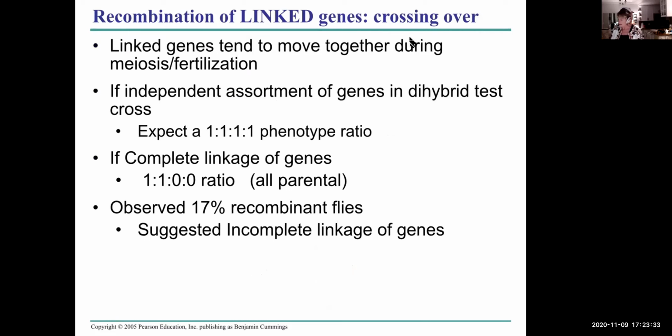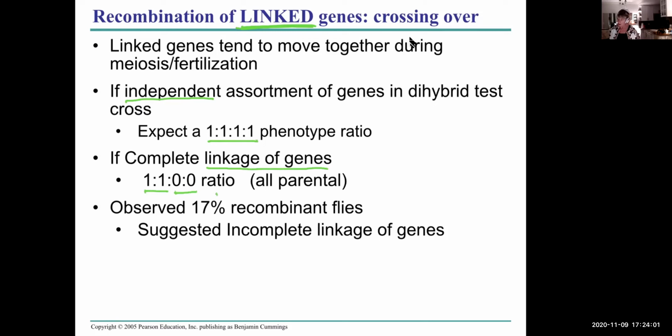So let's look at linked genes. They're on the same chromosome, so you would expect them to be inherited together. If they're all independent, in a test cross, you would expect a 1:1:1:1 phenotypic ratio. If it's completely linked, you'd expect a 1:1:0:0 ratio. In other words, the offspring must be all parental.